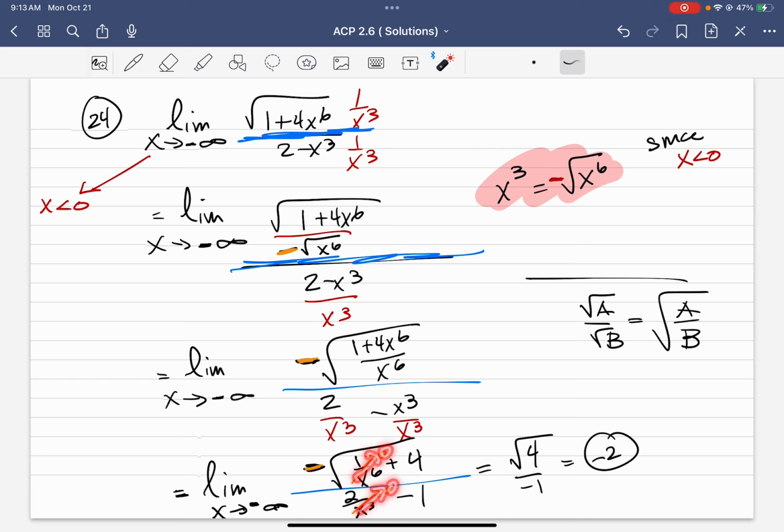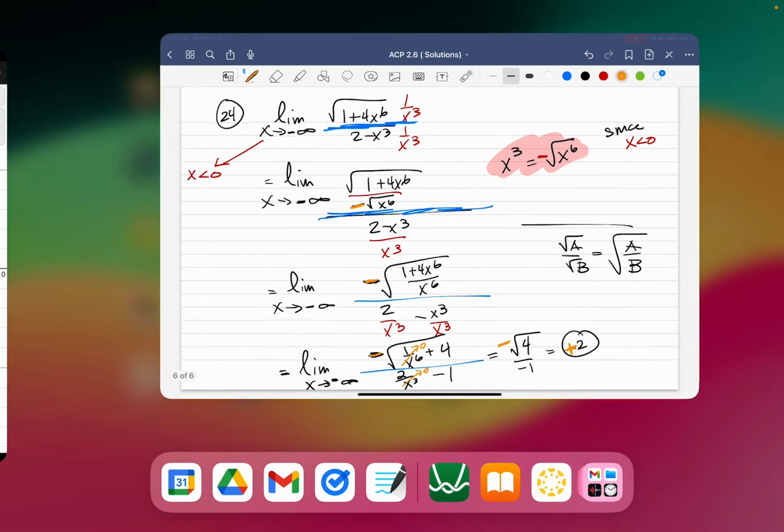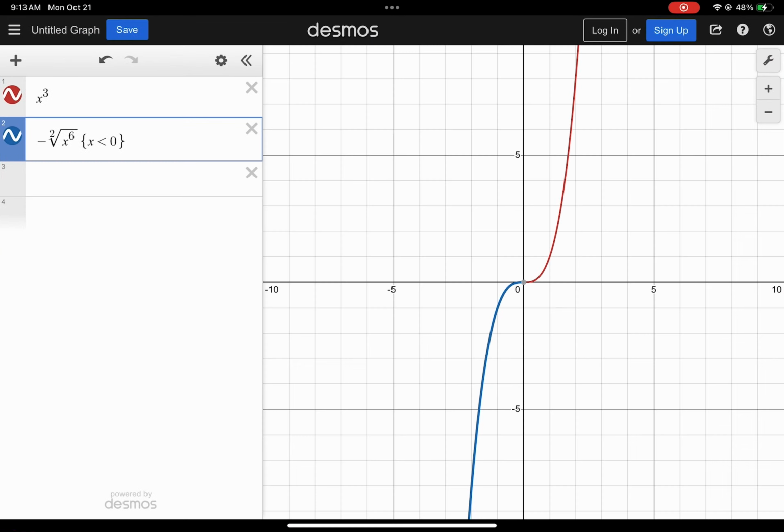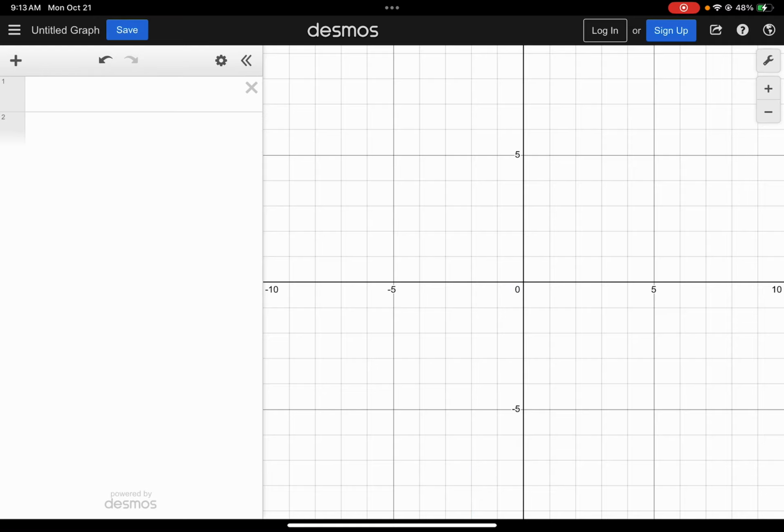That's still going to go to 0. But you're going to have this negative on top. And this negative divided by a negative becomes a positive 2. So now as this function walks out towards the left, it wants to be a positive 2. Isn't that insane? So we have 2 different horizontal asymptotes for one function, and let's see that at work here.